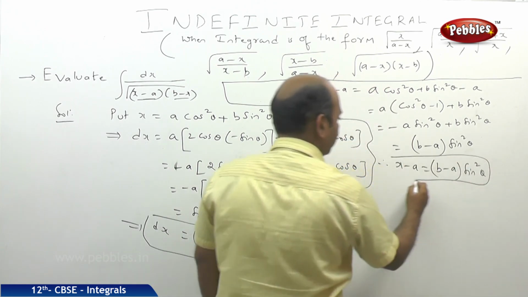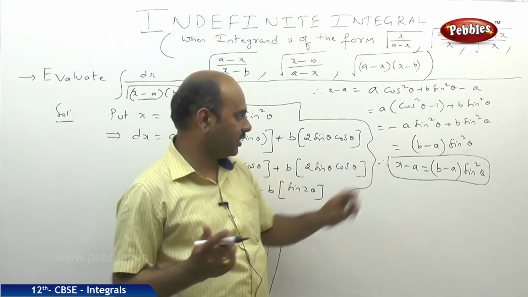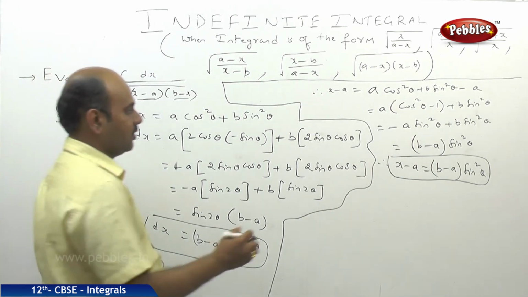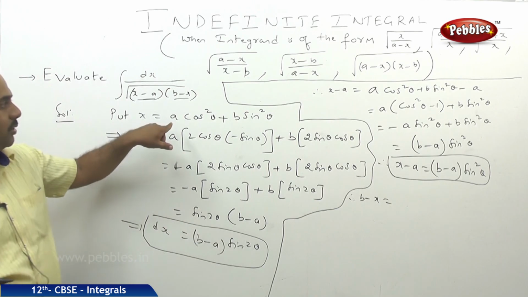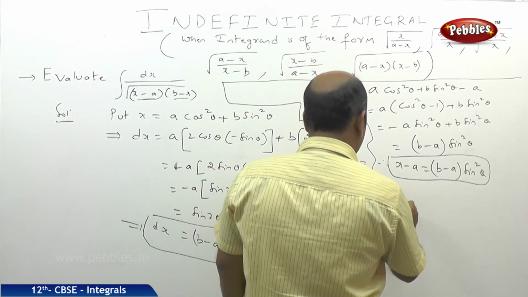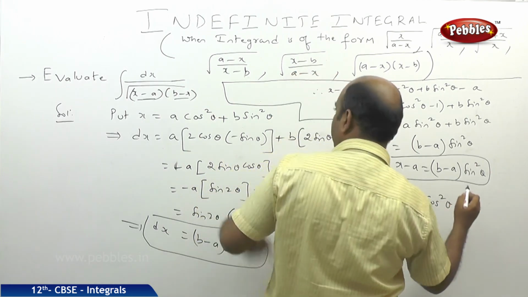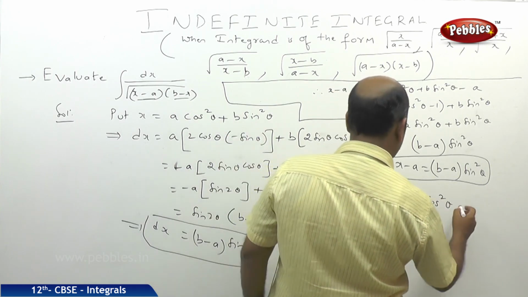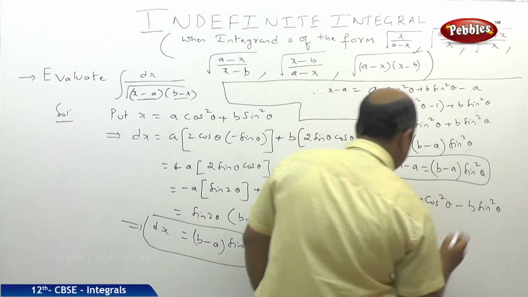So remember, students, here we got dx and here we got x minus a, but now I need to find b minus x. In place of x I will again substitute a cos square theta plus b sin square theta. So b minus a cos square theta minus b sin square theta.